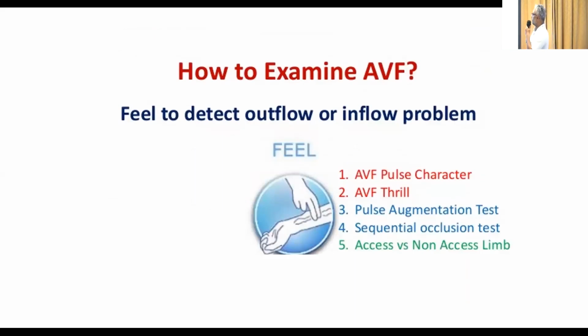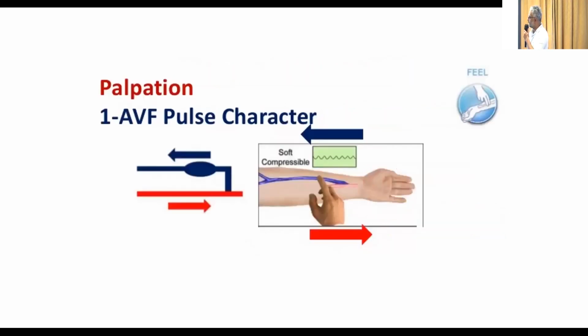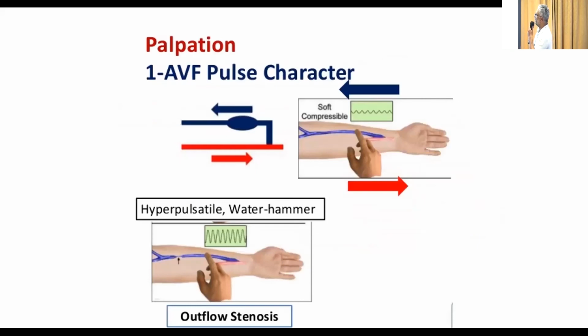Then feel. We looked at look, and now feel. What do you feel for? To detect an outflow or inflow problem, you look at your fistula pulse character, thrill, then the pulse augmentation test, then the sequential occlusion test, and then access versus non-access limb. You can examine both limbs. With palpation, you have a nice compressible pulse, and that's a nice fistula.